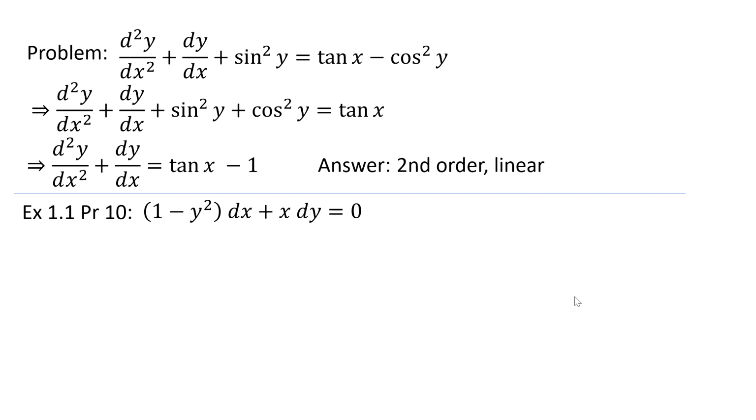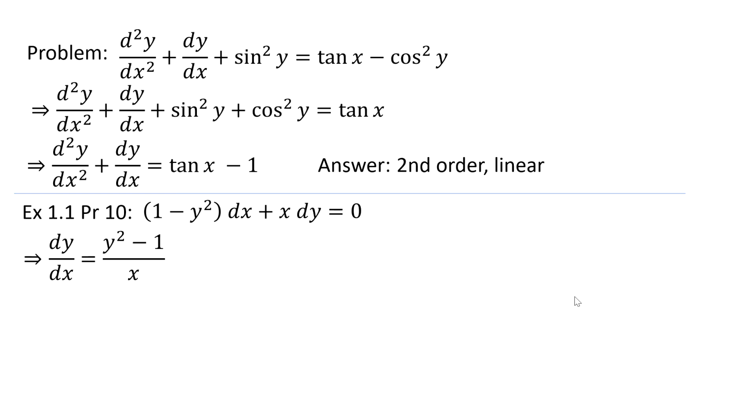Yeah, could we rewrite this as dy dx, solving, subtract x dy, blah, blah, divide both sides by this and all that? Can we rewrite like that? Yeah, of course we can. What order is it now? Highest derivative is dy dx, first derivative. So that's a first order equation.